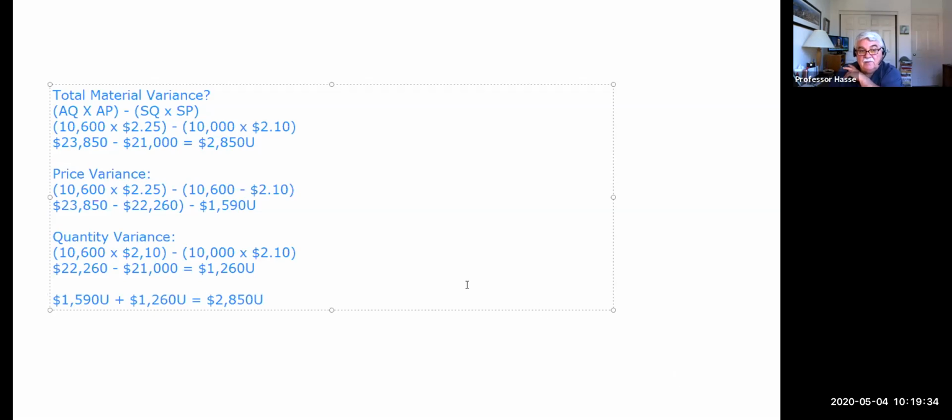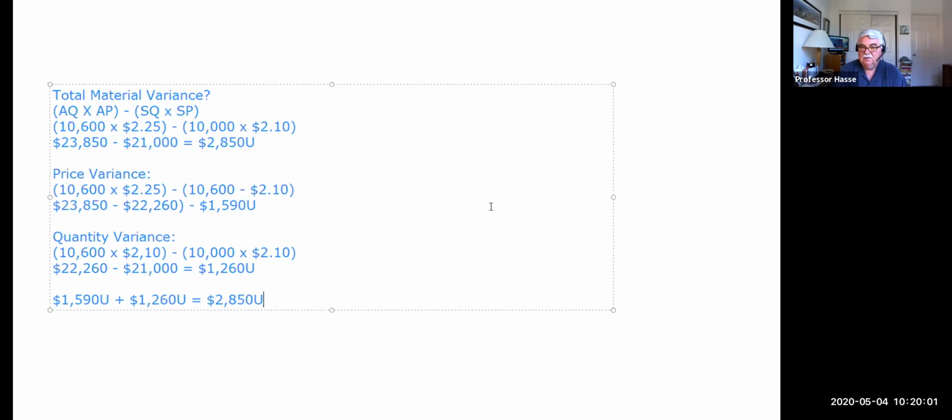We know we did it right. We had a total variance of $2,850, the difference between actual and standard. And then we broke it down by price. We spent 15 cents more. And by quantity, we used 600 units more. The combination of those two variances gives us our total of $2,850.